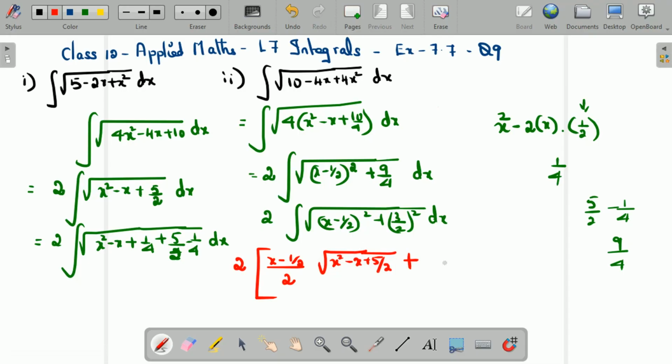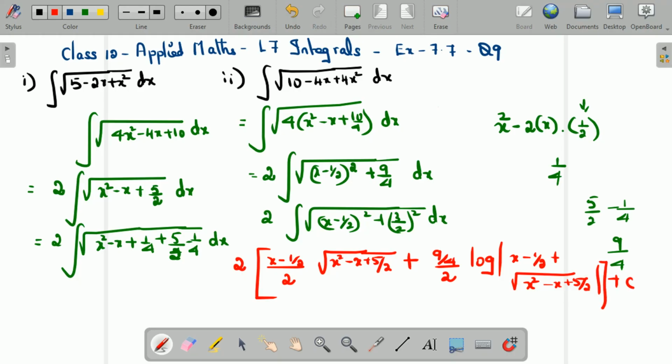Now plus a squared by 2, a squared itself is 9 by 4, so 9 by 4 by 2 log of x, which is x minus half, plus root of x squared minus x plus 5 by 2 plus c.